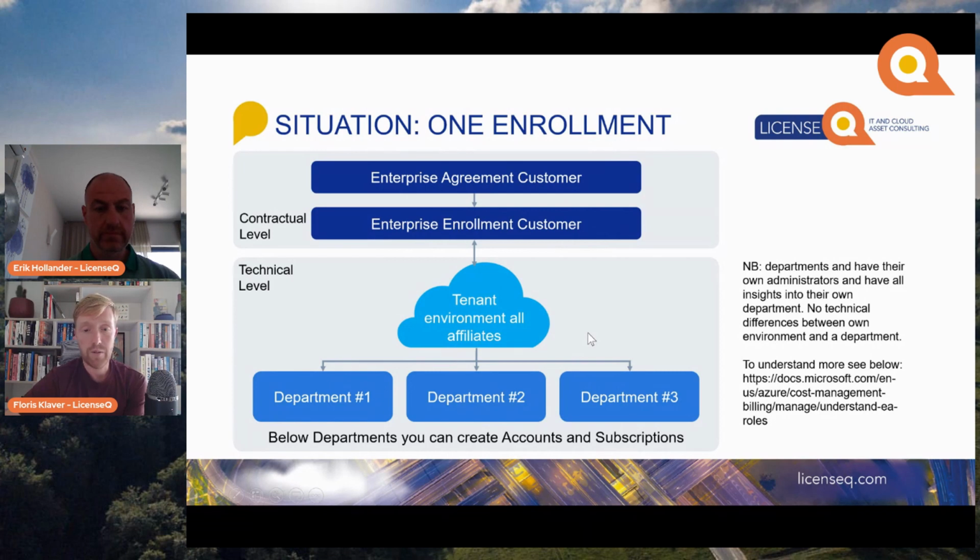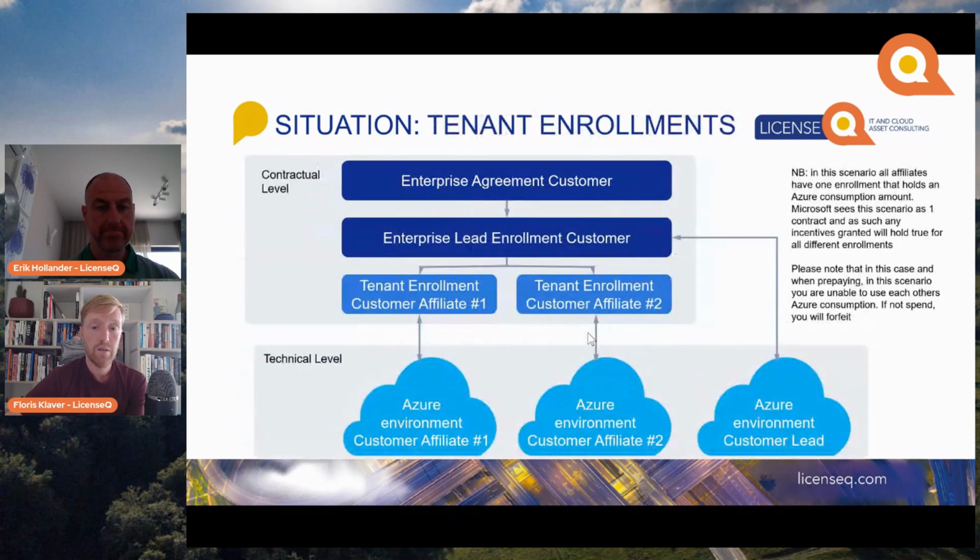Now, then there was the question, but what if I can't get all my affiliates to sign in one single agreement? Well, I've set up a third scenario where you have one lead contract with a couple of tenant enrollments for affiliates, and those tenant enrollments can have a technical Azure environment linked to them.